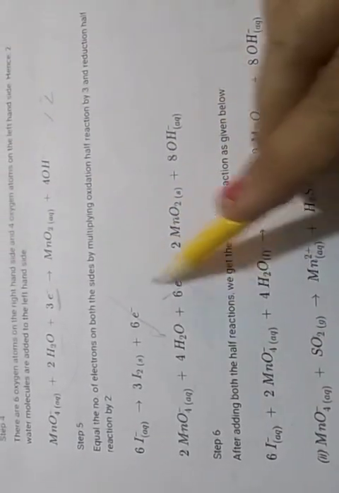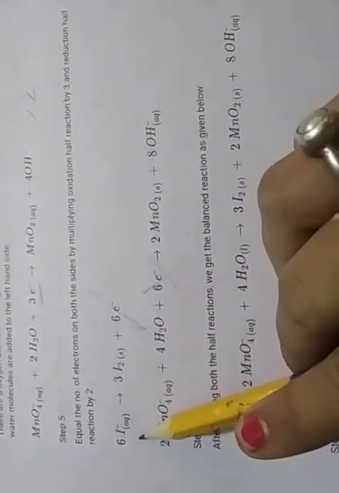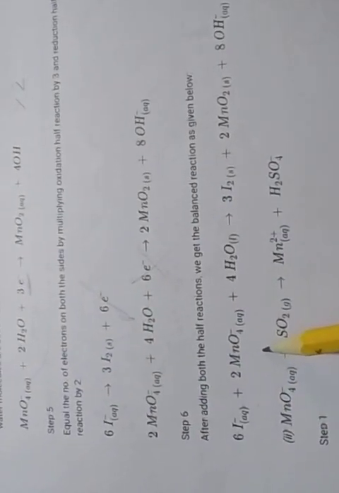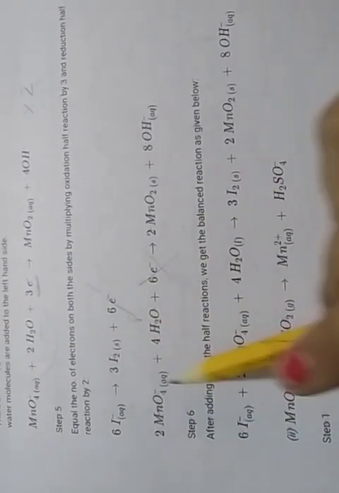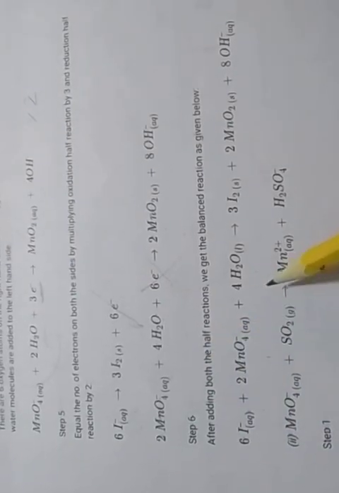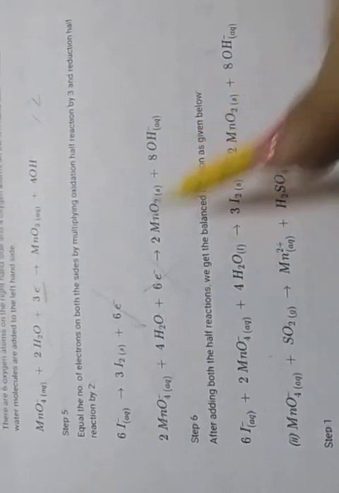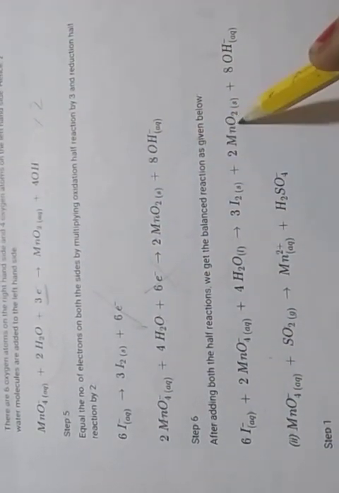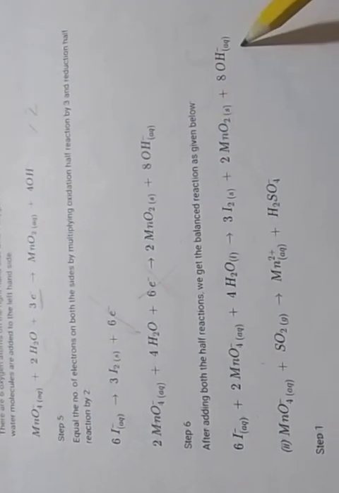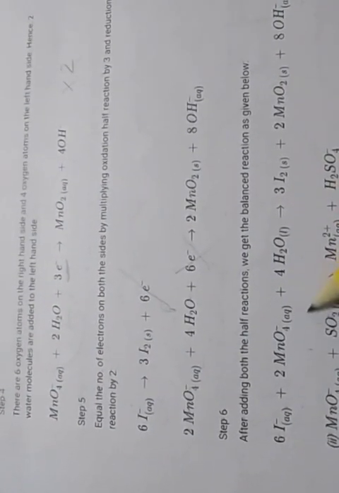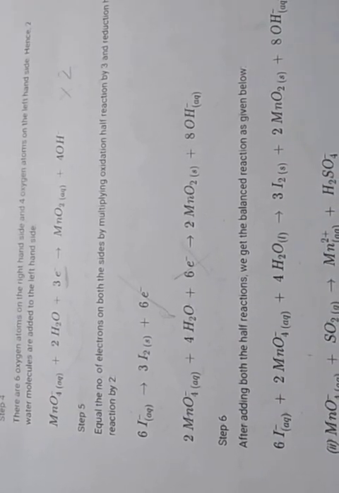After adding both sides, 6 electrons cancel 6 electrons, and we get the balanced reaction: 6I minus plus 2 MnO4 minus plus 4 H2O convert into the products 3I2 plus 2 MnO2 plus 8 OH minus. So this is the balanced reaction.